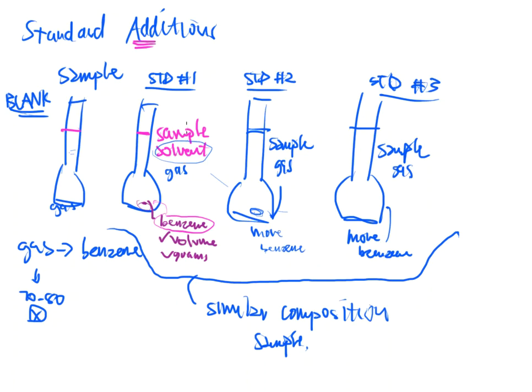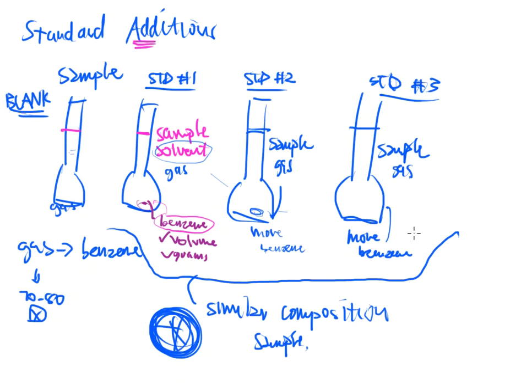The solvent is the sample that you're using, and the reason is because we want this similar composition across the board. So now all of these flasks have those 70 or 80 components in them. In standard 1, I've got a little bit of benzene that wasn't there before. Standard 2, I've added a little more. Standard 3, I've added more than that.